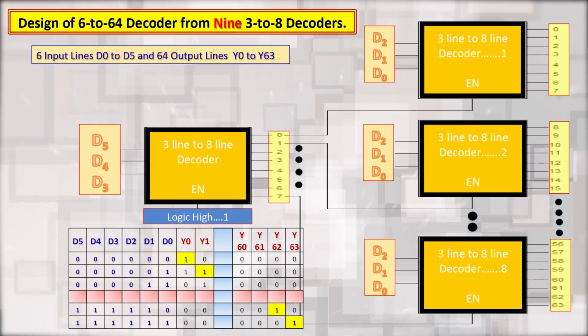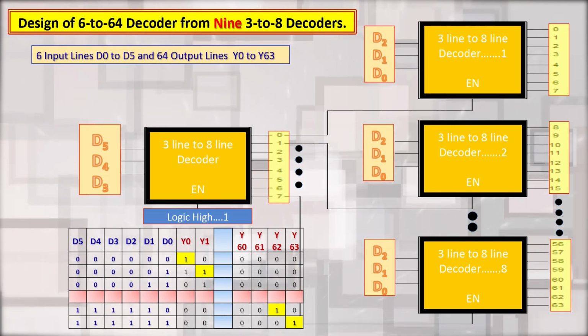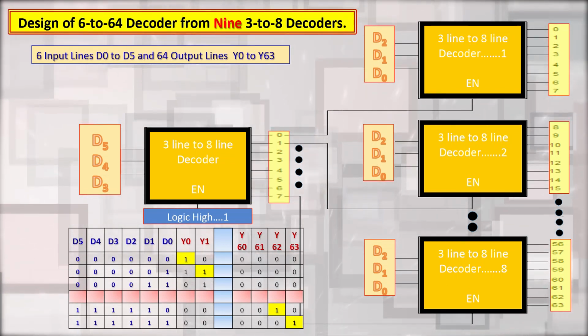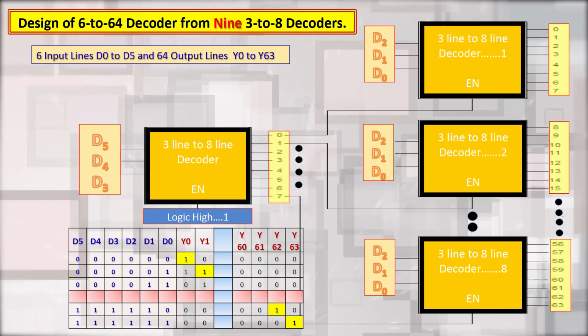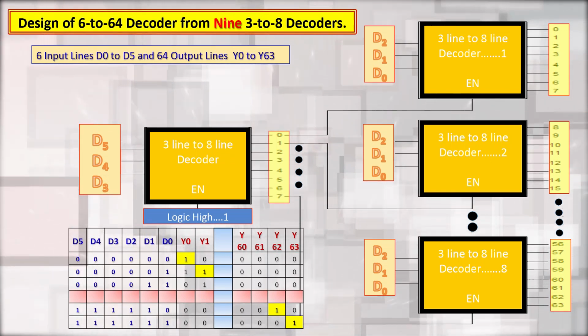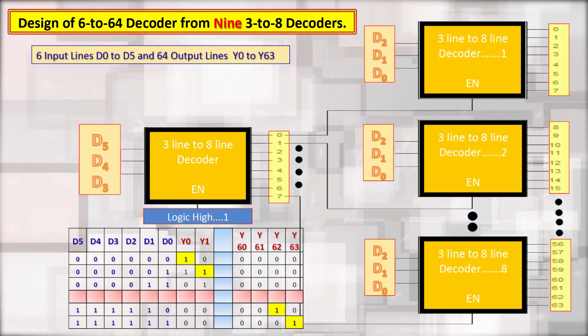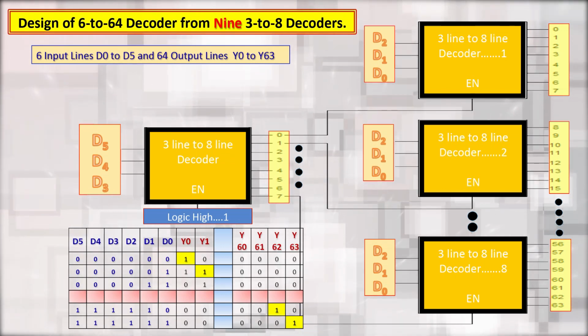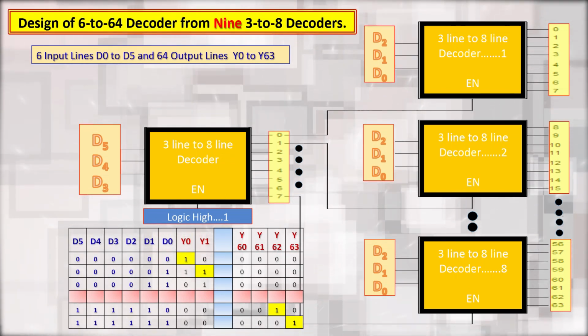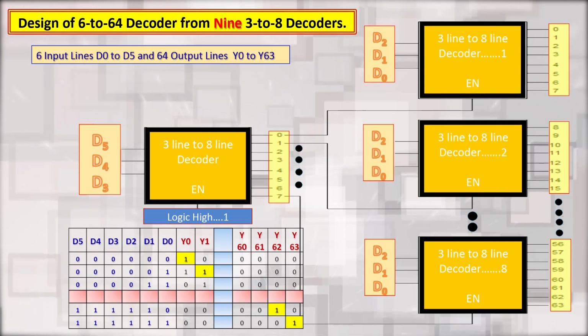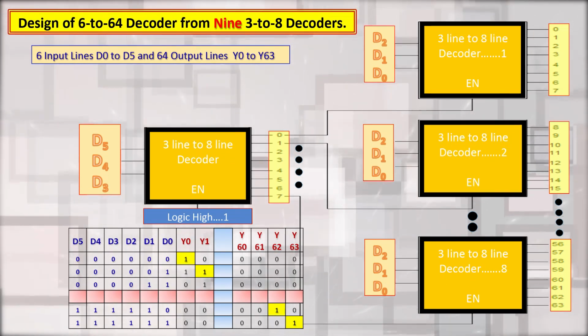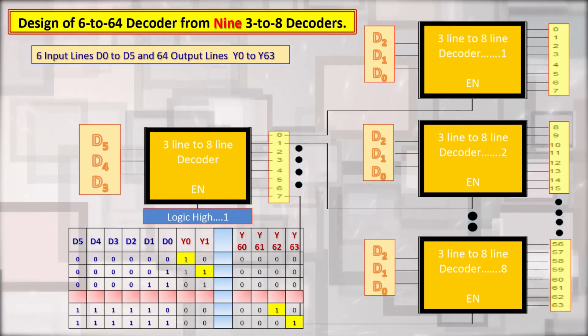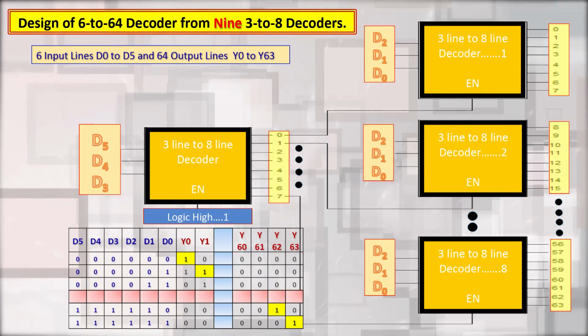Out of that, for decoder 1 to decoder 8, all the input pins D0, D1, D2 are simultaneously connected. So, the 3 LSB bits of the input are directly connected to all the input lines of the 3 to 8 decoders.